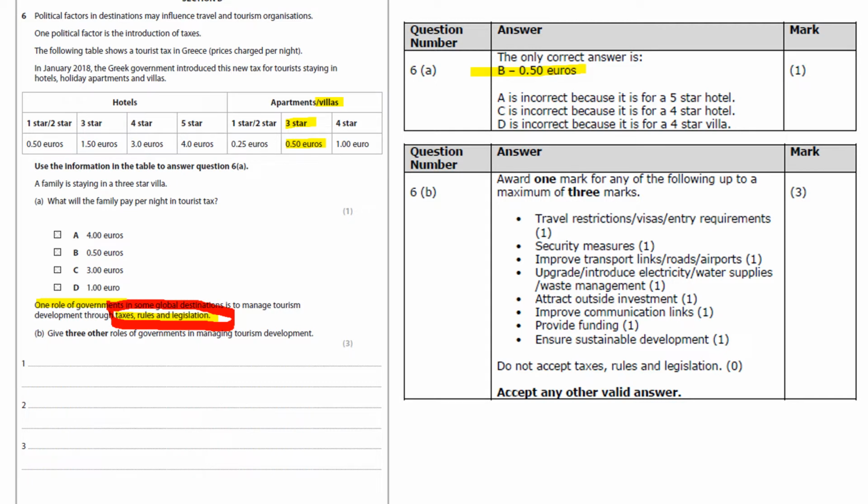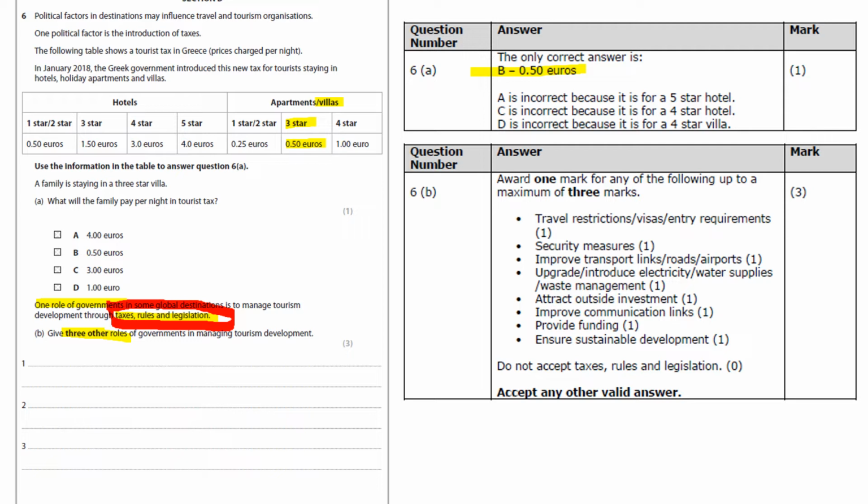The reason I'm highlighting that is because if you don't pay attention to it, you're about to make a mistake in the next one. The next question says give 3 other roles. So if you use taxes, rules, or legislation, which is basically laws, you're going to get it wrong, because you're not using other ways. And actually that's quite tricky. It makes it quite a hard question.